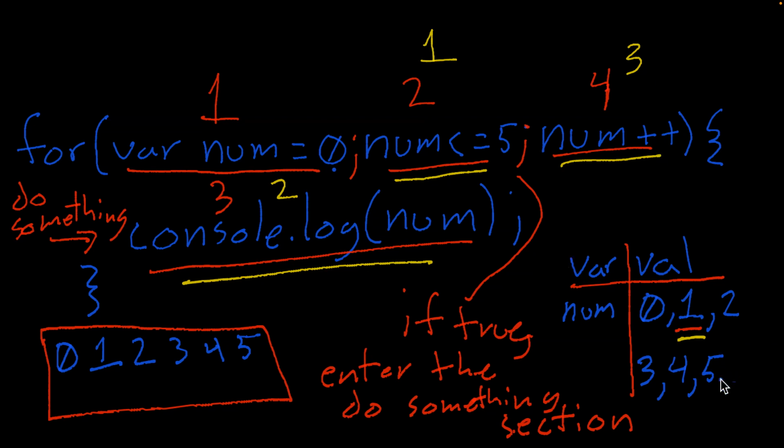All right, so we'll increase it to 6. Is num less than or equal to 5? Is 6 less than or equal to 5? No. And if this is no longer true, we've completely finished everything. So now we're done.